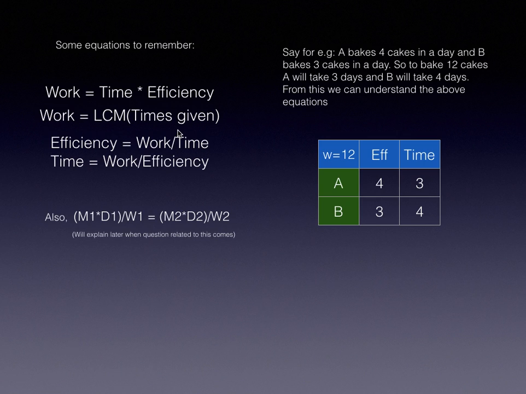Work is equal to LCM of the times given. Okay, here we have the information that A will take 3 days and B will take 4 days. So take the LCM of this, then we get that work is equal to 12.